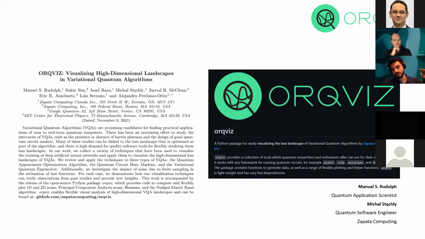Then after some introductory section, we have case studies where we apply ORQVIZ and the visualization techniques to a range of examples. So we have research case studies, and we try to approach them from the visualization perspective. But I will get to what visualization is in a second.